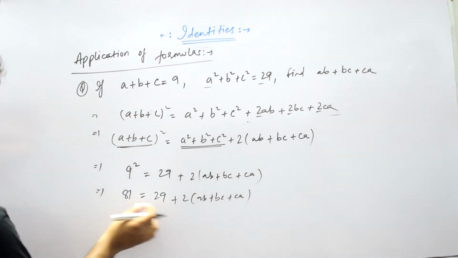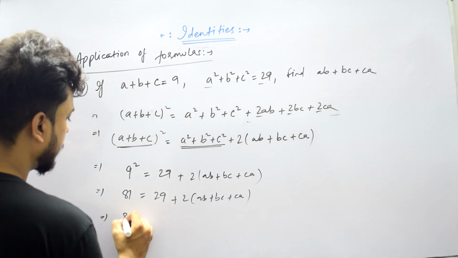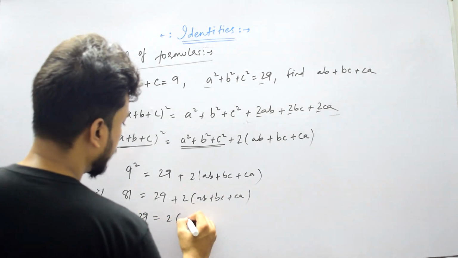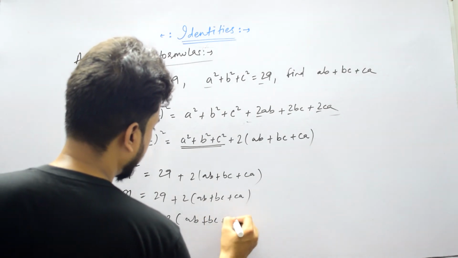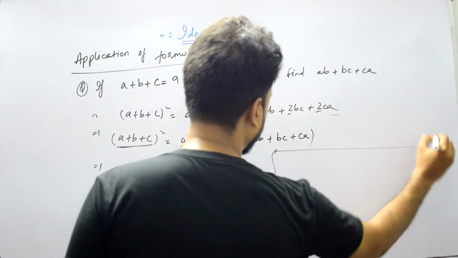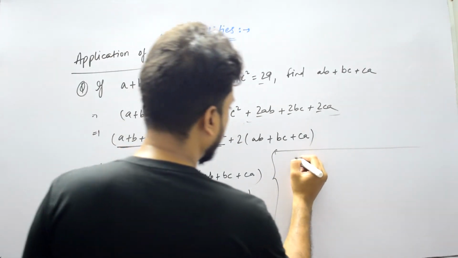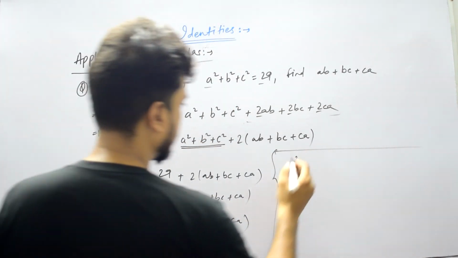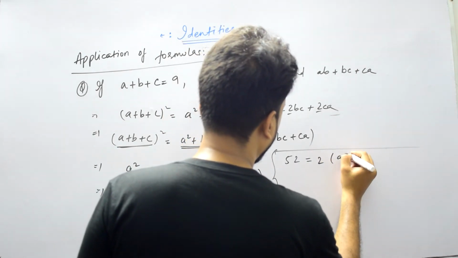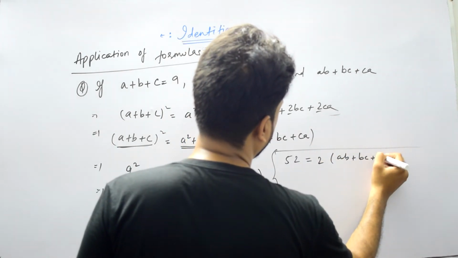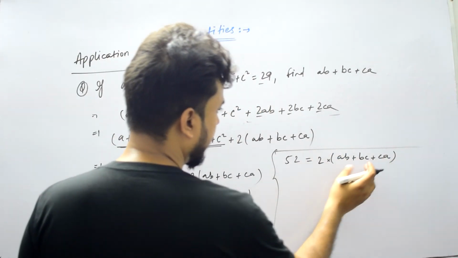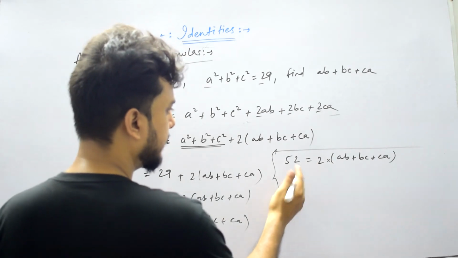Now see, this 29 comes to this side, it becomes subtraction. 81 minus 29 equals 2(ab + bc + ca). So after subtraction we will get 52 equals 2(ab + bc + ca). Now this 2 is in multiplication with this term, so when it comes here it becomes division.